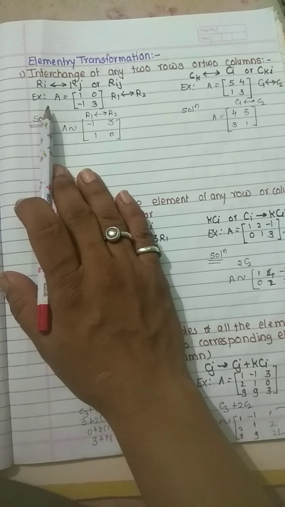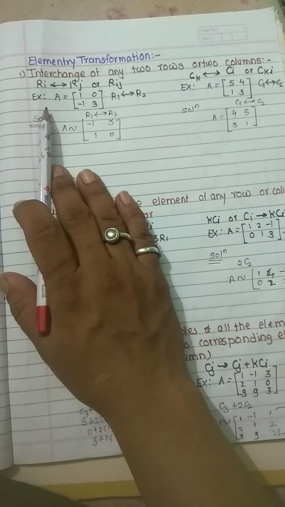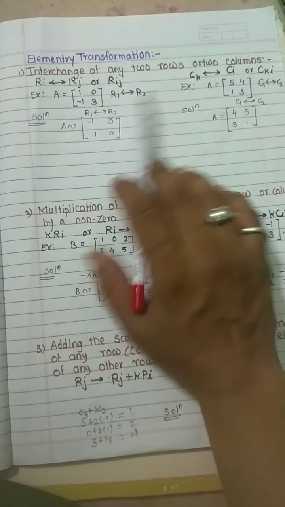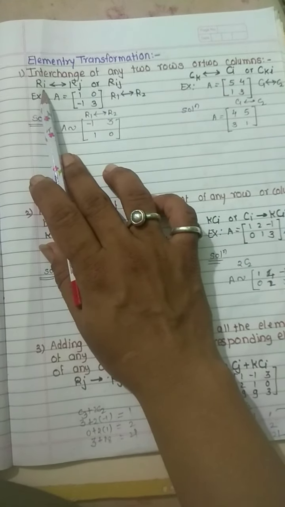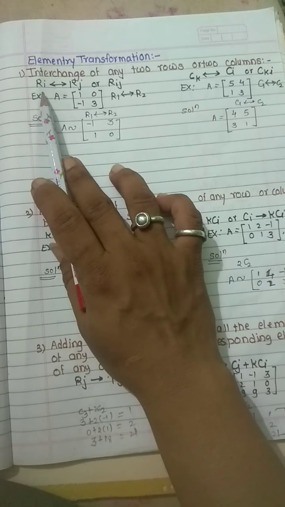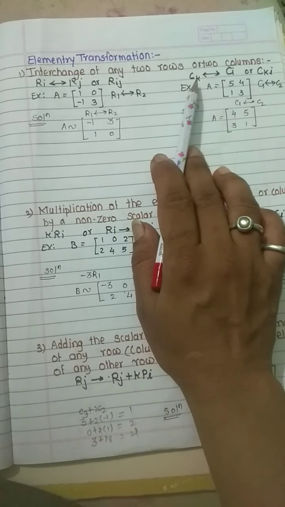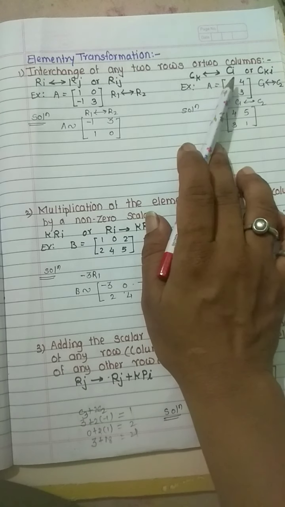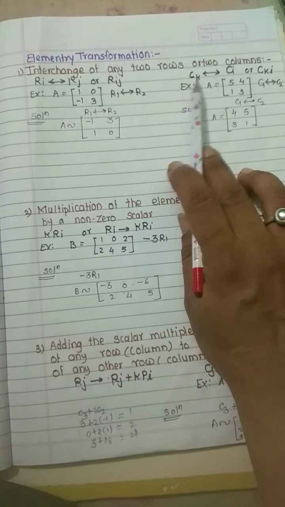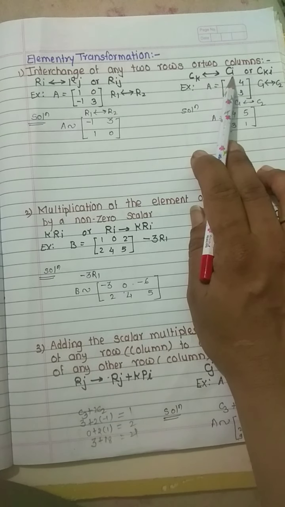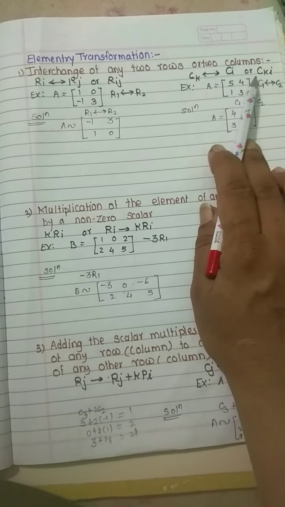If we interchange the ith row and jth row, it is denoted by Ri <-> Rj. If interchanging any 2 columns, it is denoted by Ck <-> Ci.